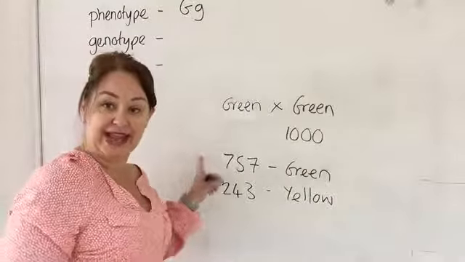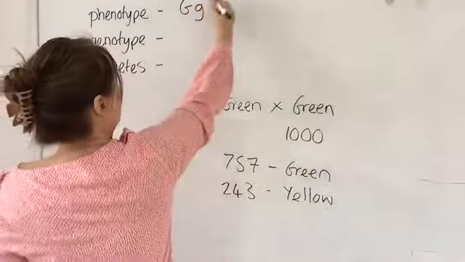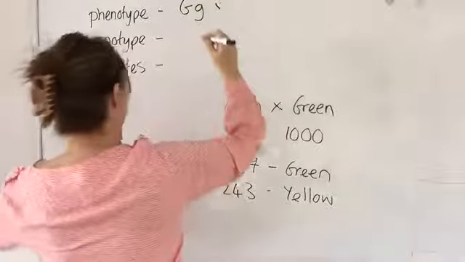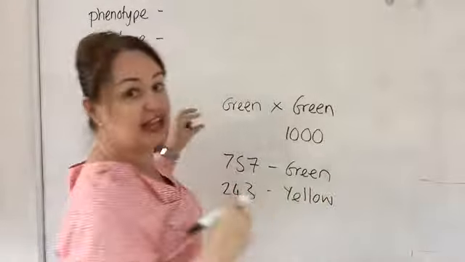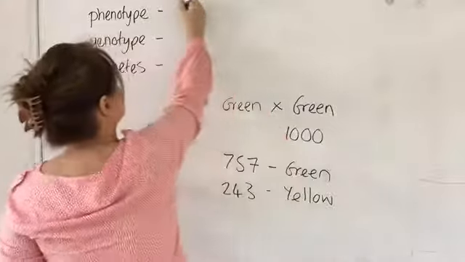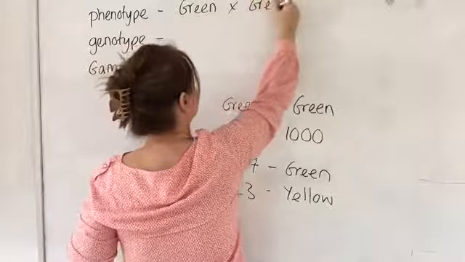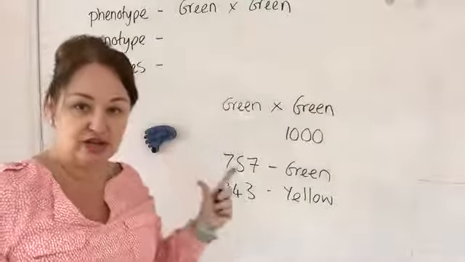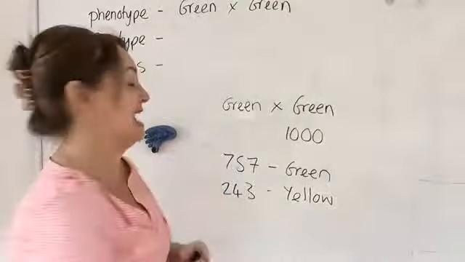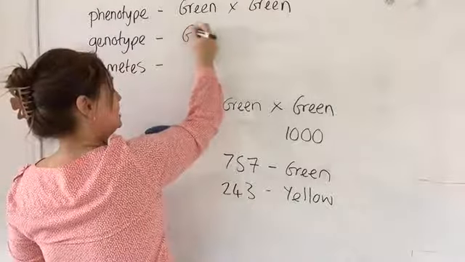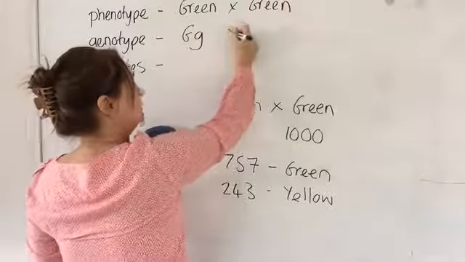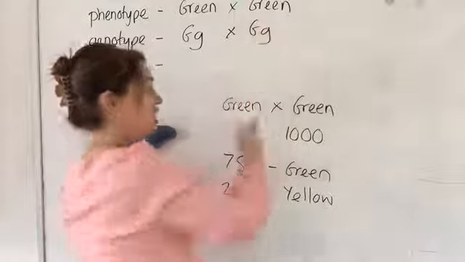How do we know that? We're guessing that from our cross. And we're going to be timesing, phenotype is what's expressed, how it looks. So it would be green times a green. Genotype, that's what alleles it has. So it would be big G, little g, times big G, little g.